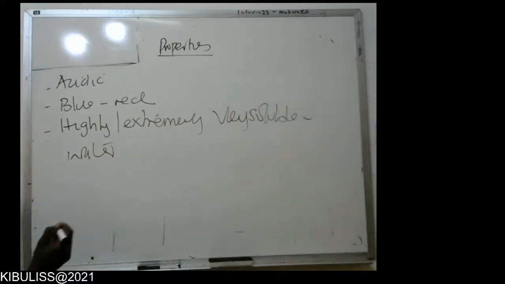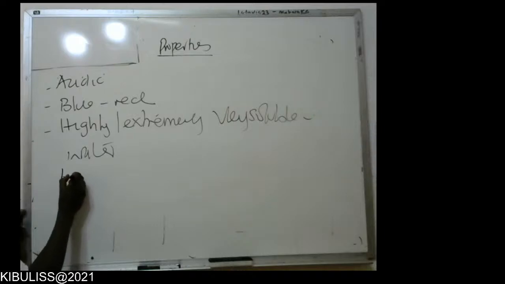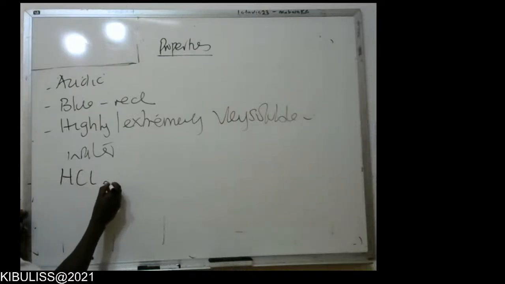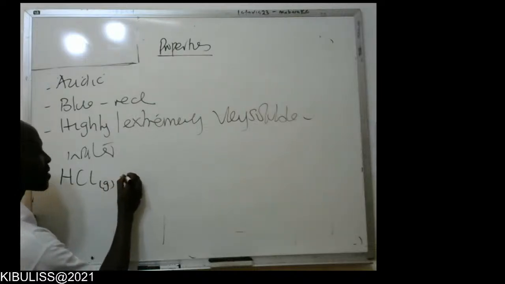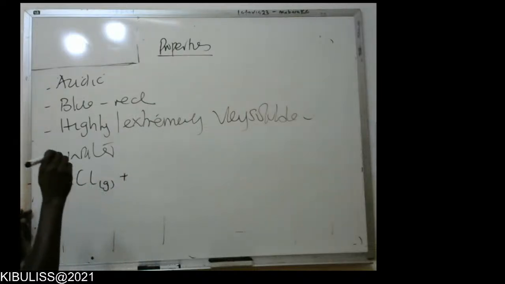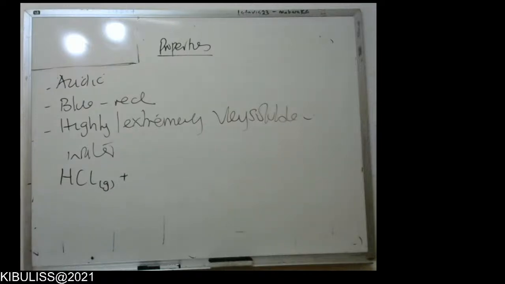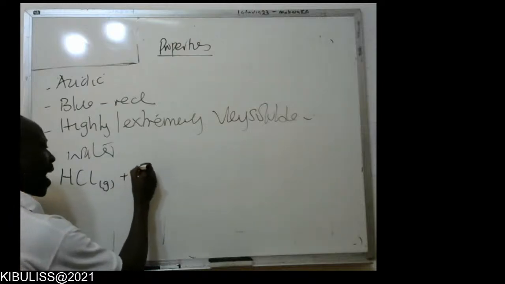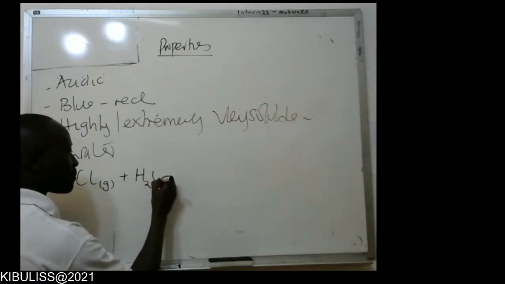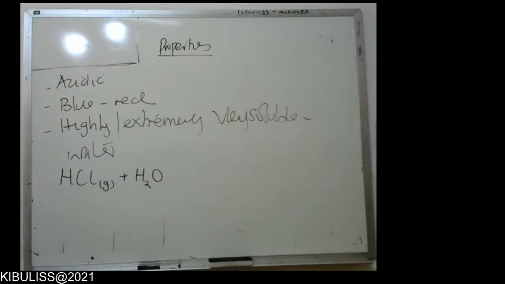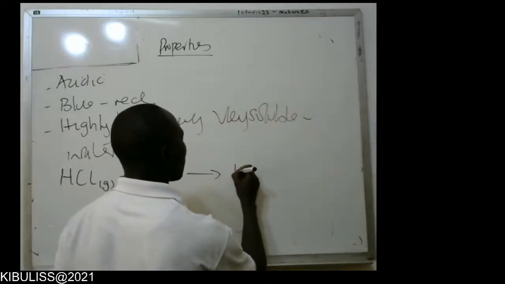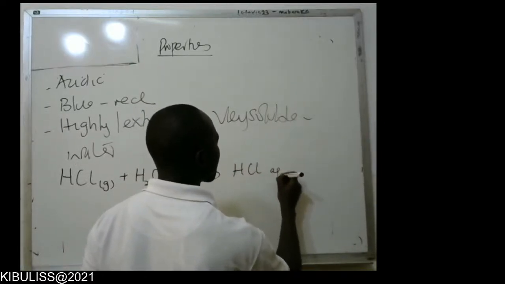I am therefore saying hydrogen chloride as a gas, very soluble, plus, if you say plus water, the equation must be different. If I say hydrogen chloride plus water, what do I obtain on the other side? I cannot say I'm getting hydrochloric acid aqueous. What happens?